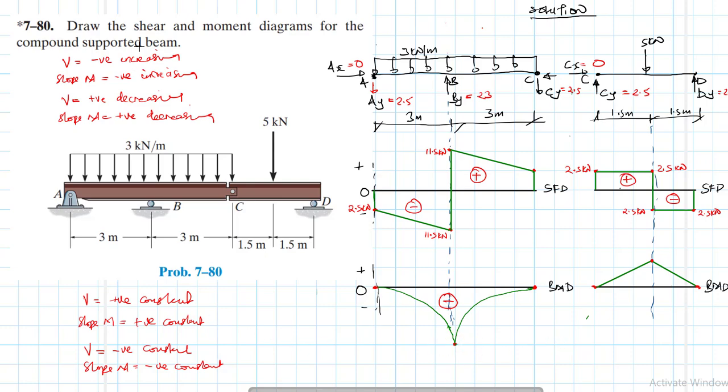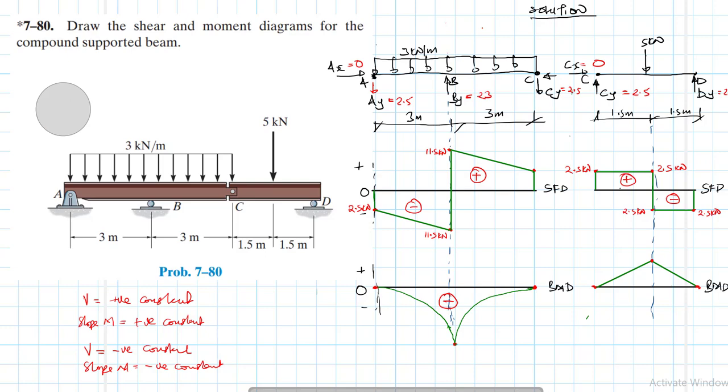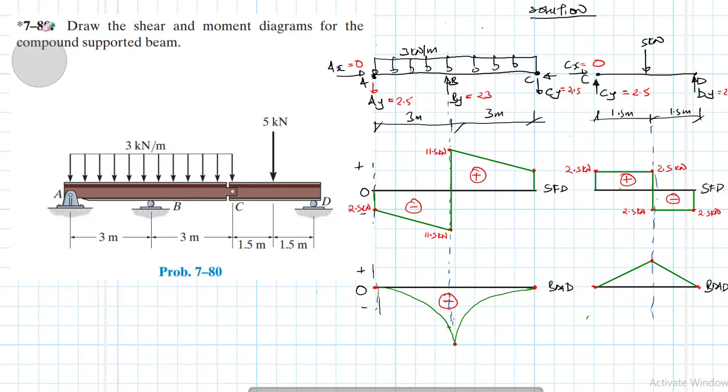Okay. So how do we calculate that value? Again, we know that the area under the shear diagram gives us the moment. So we can use either this portion, which is similar to that one, right? Let's use the left hand side, which is a trapezoid. So the area for that one is going to be equal to 2.5 plus 11.5 times half times the length, which is 3, right?